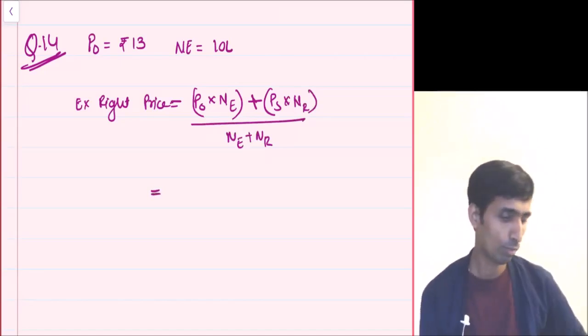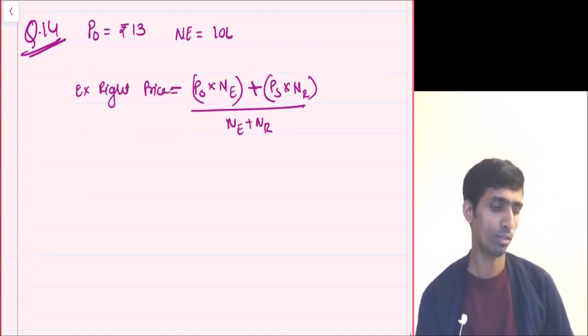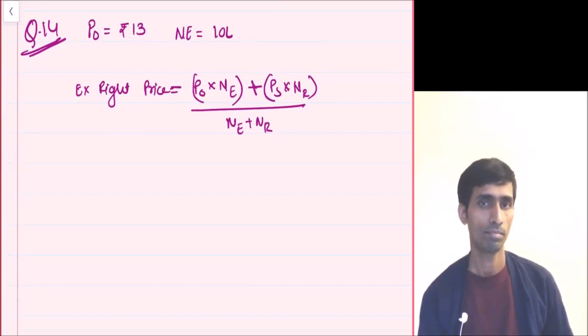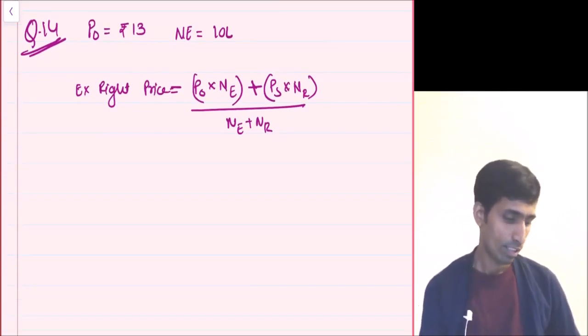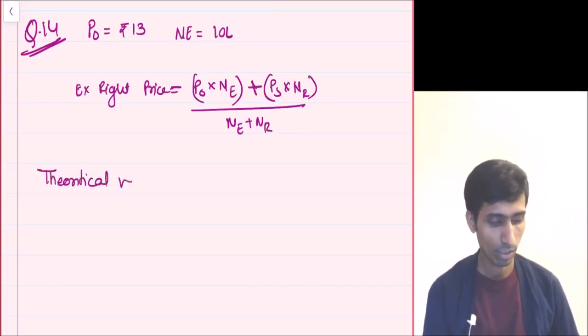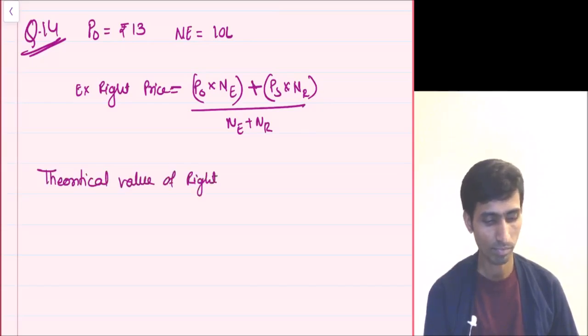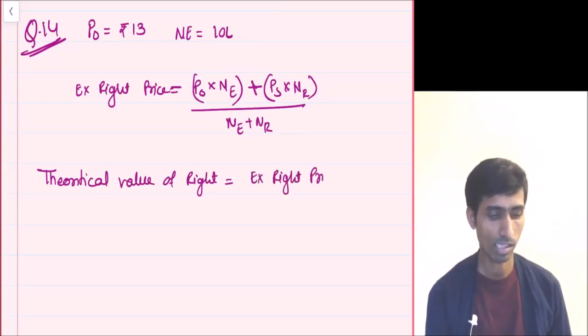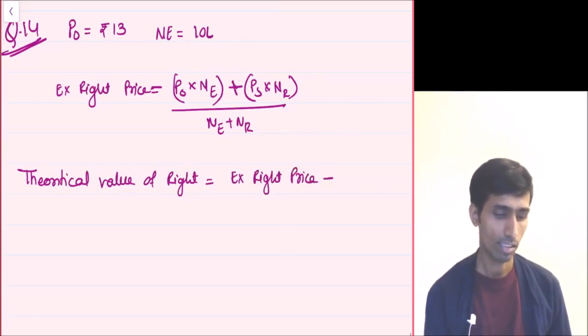Let us write all the formulas first, then we will do it in a table. Let's complete this in a short way. Theoretical value of right is equal to X right price minus right issue price.